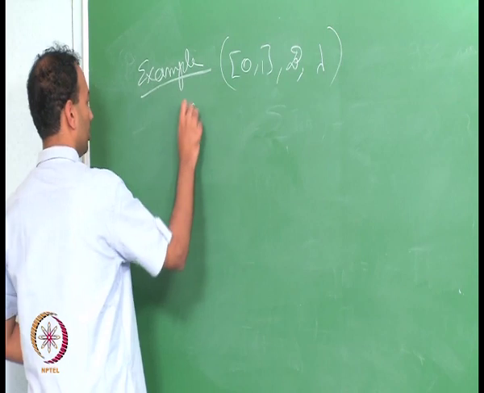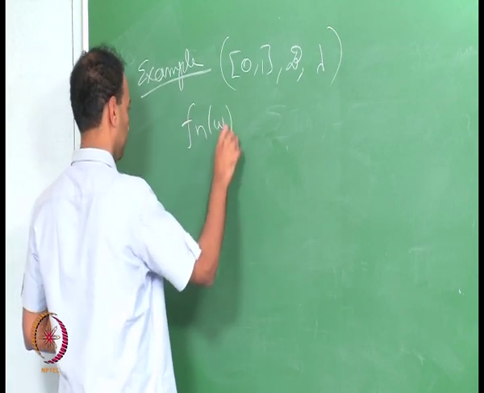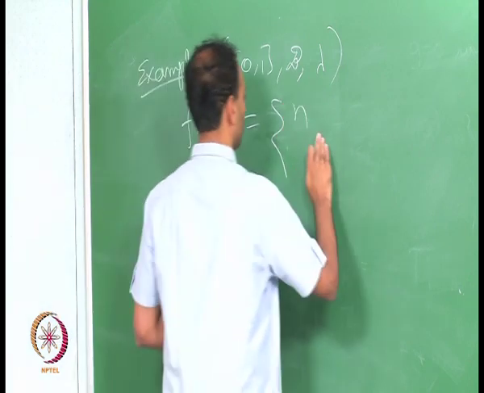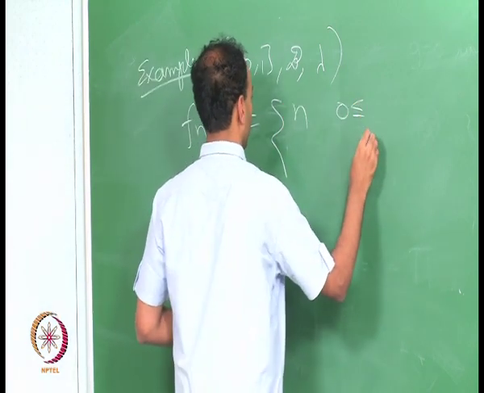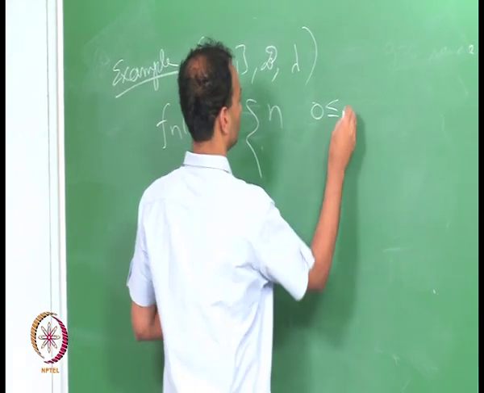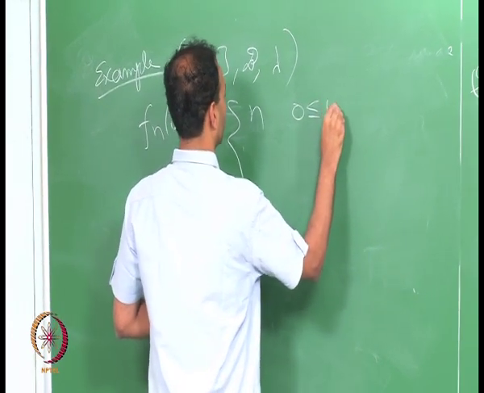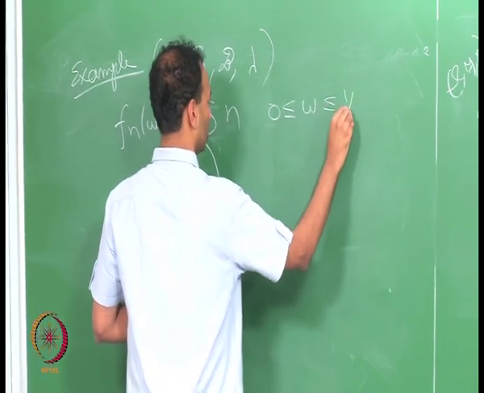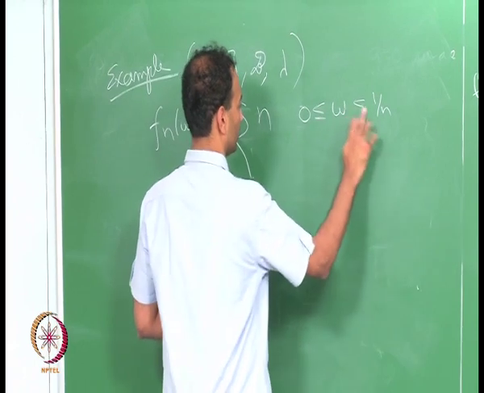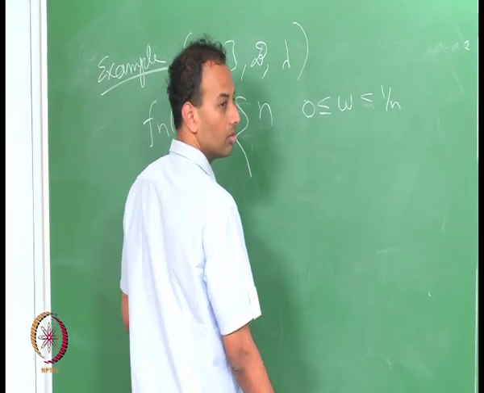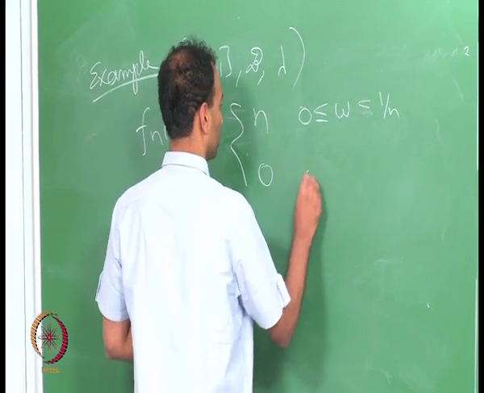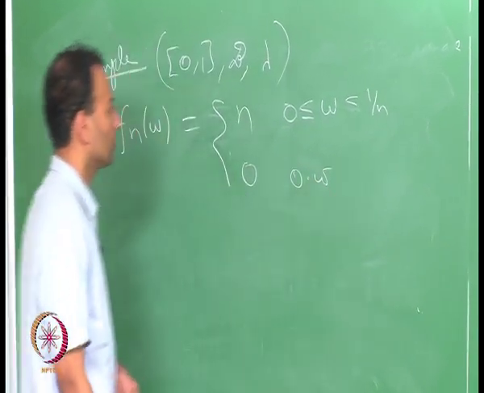I want to define f_n of omega equal to n for 0 less than or equal to omega less than 1 over n, and 0 otherwise.